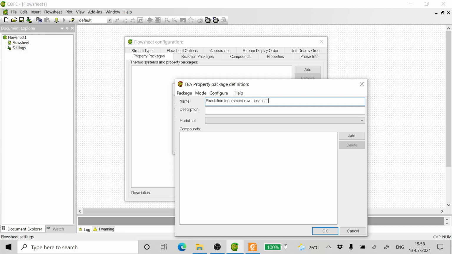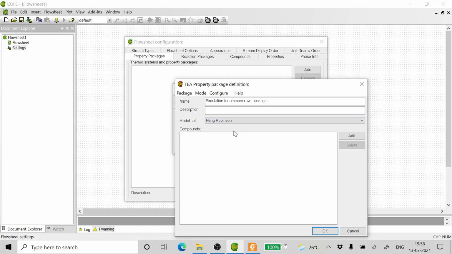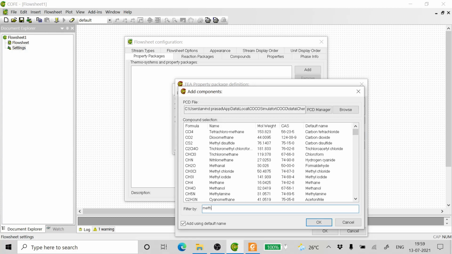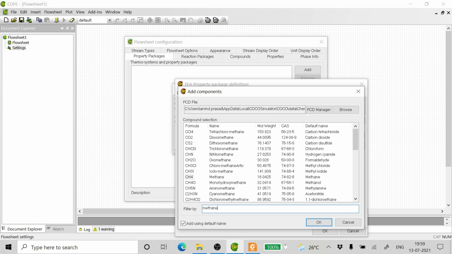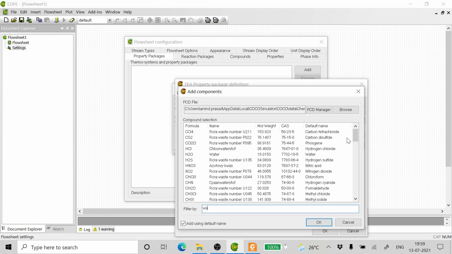I'll leave the description, but you can go ahead and give a description of your liking. Then we select Peng-Robinson equation of state as the model set. Now we add our compounds. The first compound, of course, is methane. This is followed by addition of water.